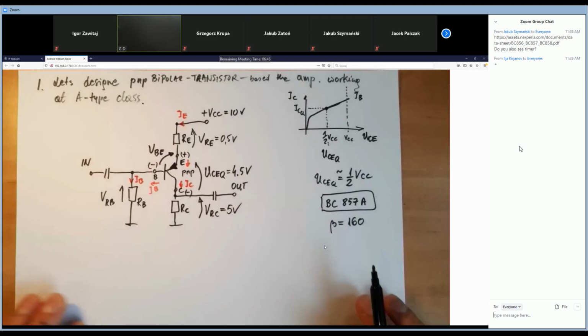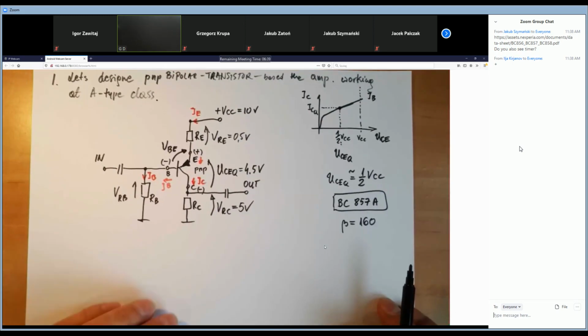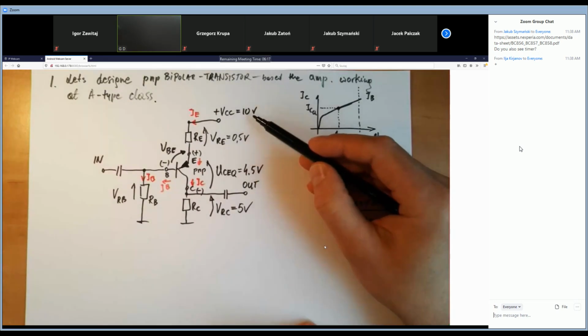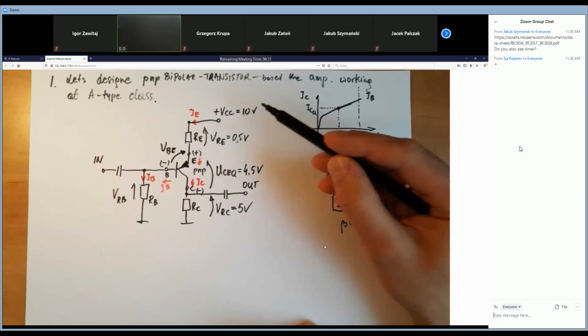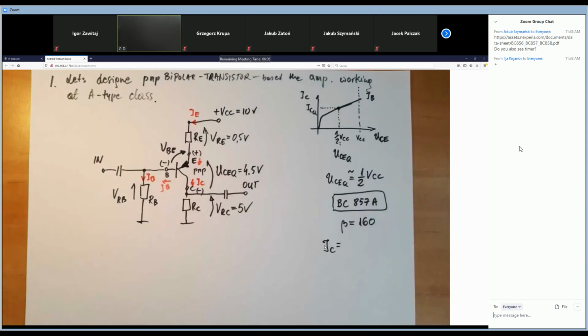Okay. So first of all, let's calculate such a resistor. However, we can make it before we choose the collector current. It depends on us. So the question is, because we've got 10 volts of power supply voltage, what IC current do you think is good to put here?